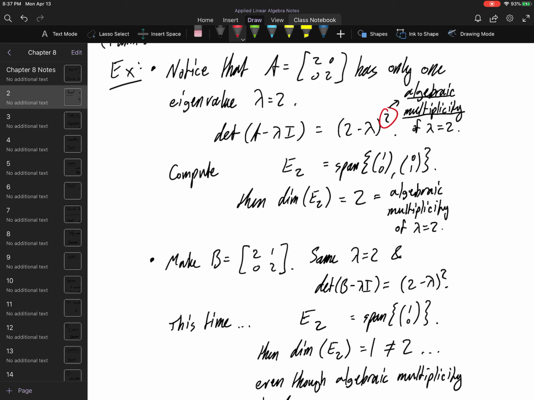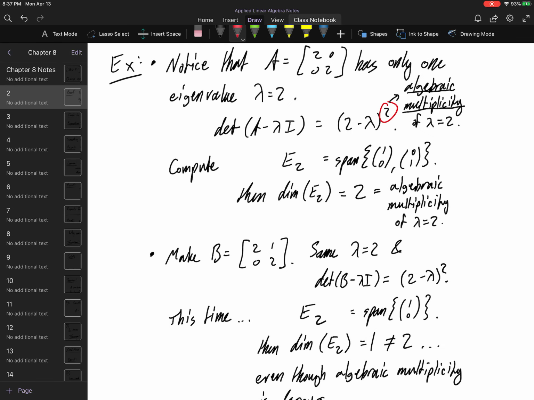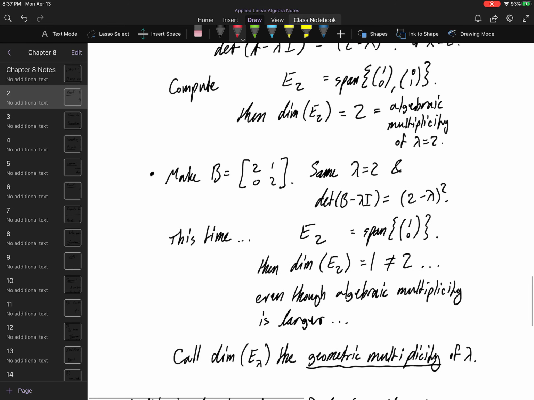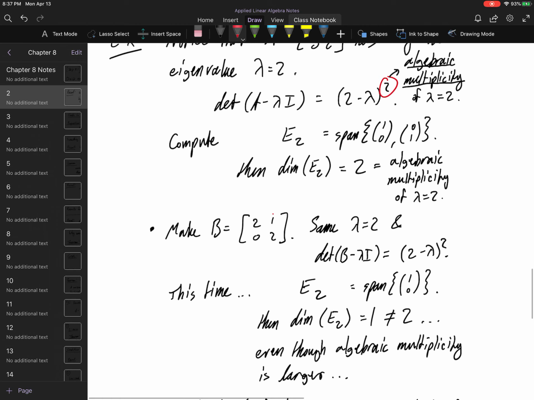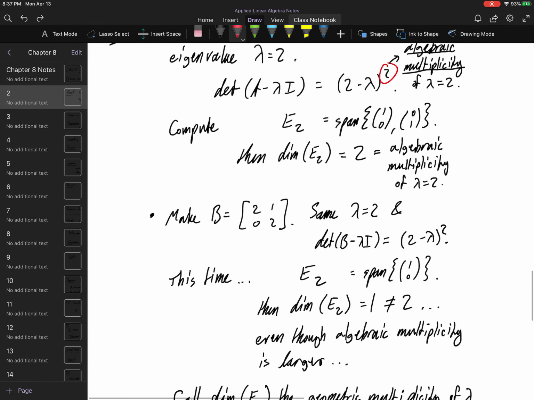Let's go ahead and look at a similar matrix. We'll call this guy B. And B is going to be an upper triangular matrix, but it's still going to have 2's on the diagonal. And we're going to put a 1 in this top right corner just to screw things up a little bit. Same idea, lambda equals 2 is still the only eigenvalue.